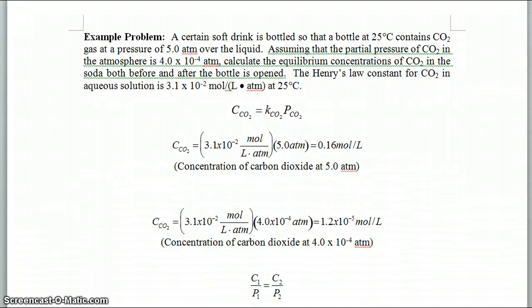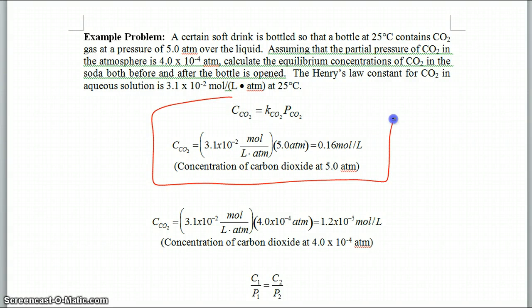Okay, so here's a particular example. This example goes through the pressure differences of a soda bottle before and after it's opened. Take a moment and read over the question and then go through this work at the bottom. This part right here uses Henry's law as it applies to before the bottle is opened.